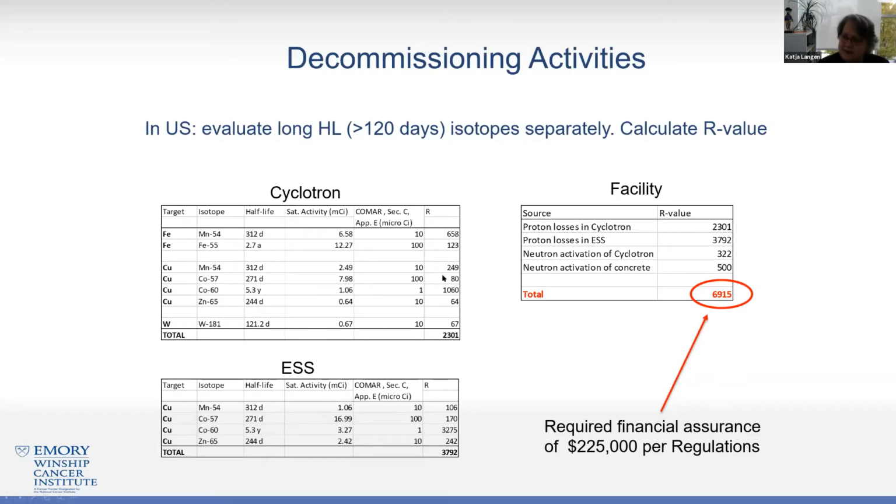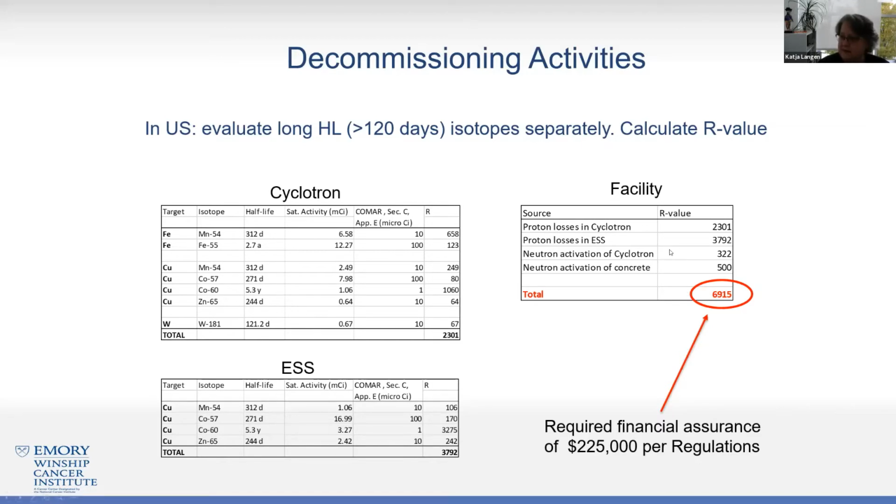In this column here, you see a value that's actually the exempt quantity for this particular isotope. So the R value is then simply how many units of this exempt quantity is in my saturation activity. And then you sum all of these up and you get a total R value for your facility.